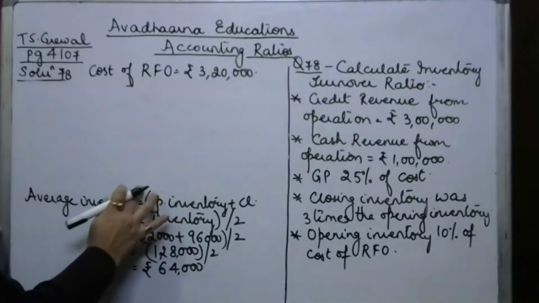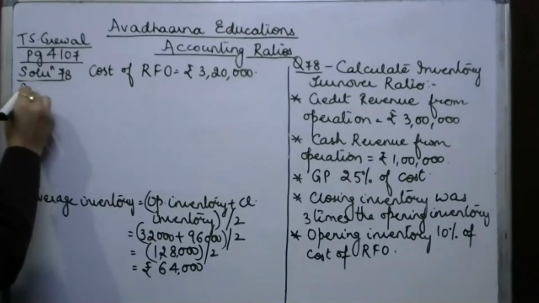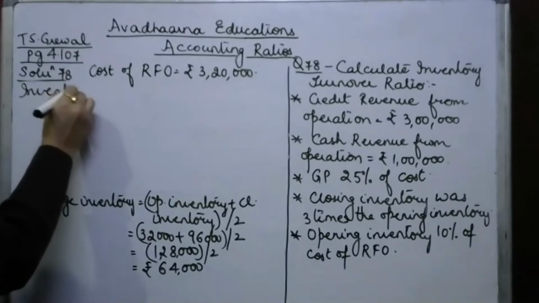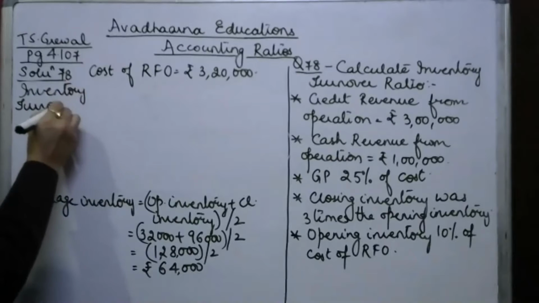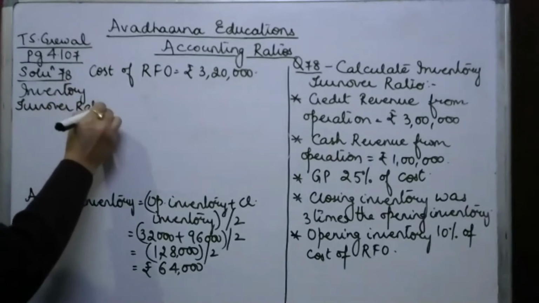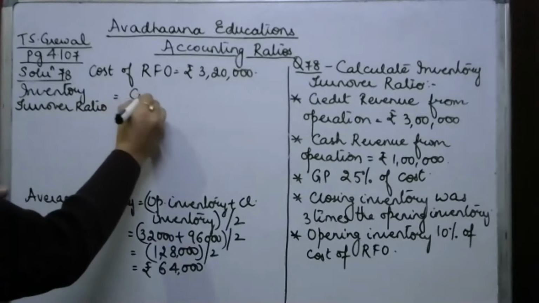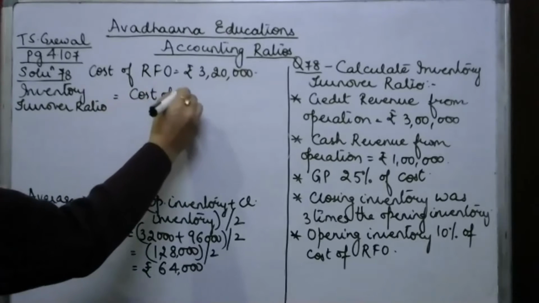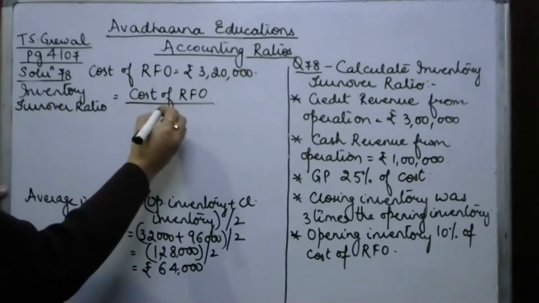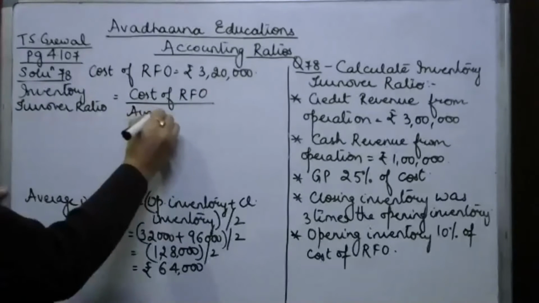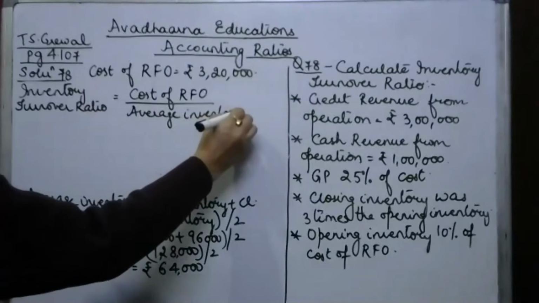Now let's calculate the inventory turnover ratio, and we know that inventory turnover ratio is given by cost of revenue from operation, which is going to be the numerator, upon average inventory, which we have already calculated.